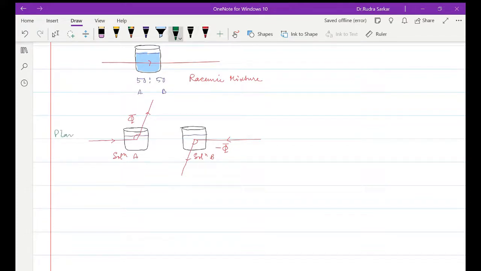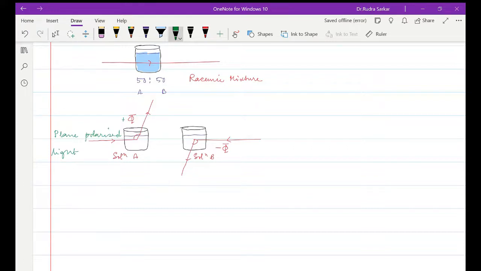So this is my plane polarized light, and solution A, let's consider, deflected the light in the plus phi direction, and solution B deflected light in the minus phi direction. That means deflection at equal angle but in the opposite direction.